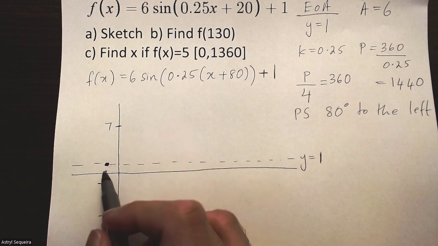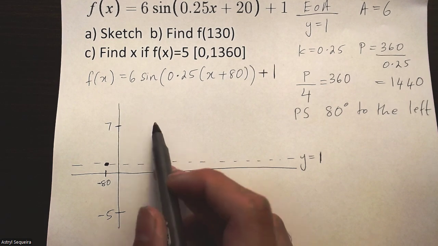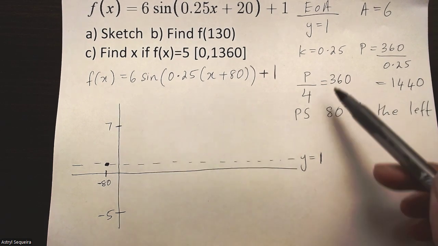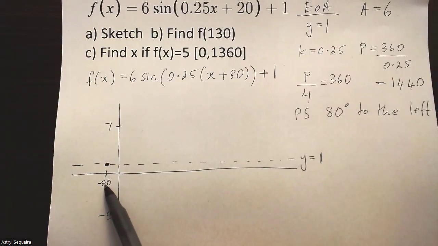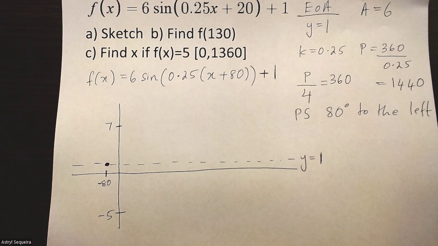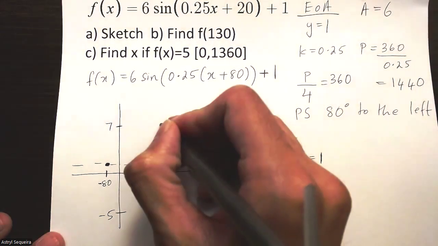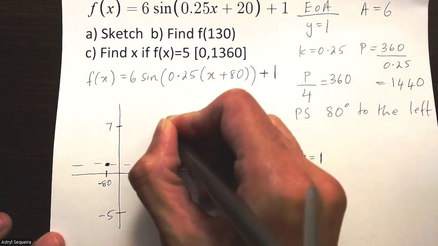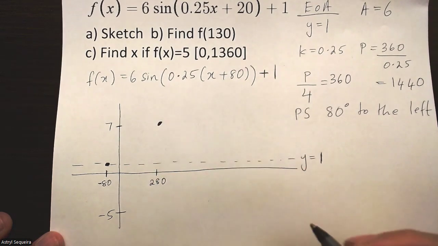The next point for a positive sine function is going to be at the maximum, and to find the x value of the maximum, I'm just going to add my period divided by 4 to my initial x value. So -80 plus 360 is just positive 280. My x value here is 280.